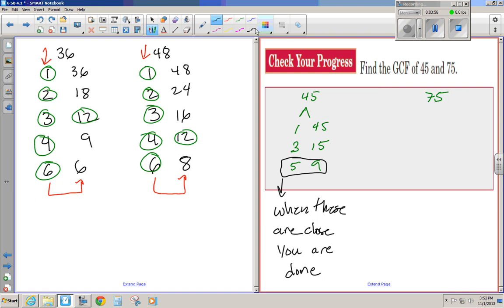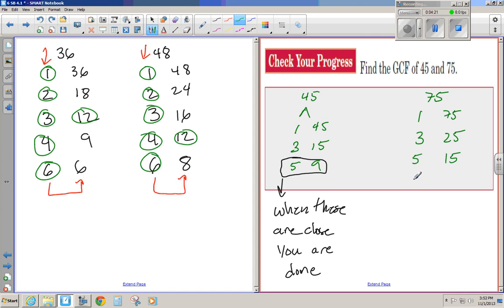75: 1, 75, 3 and 25, 5, maybe 15. 6 doesn't.